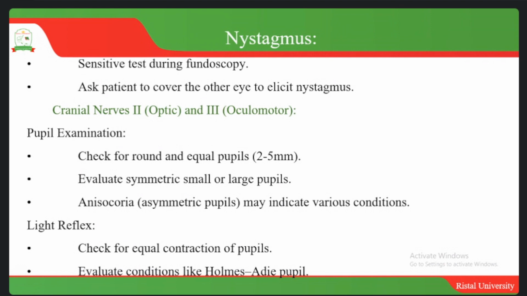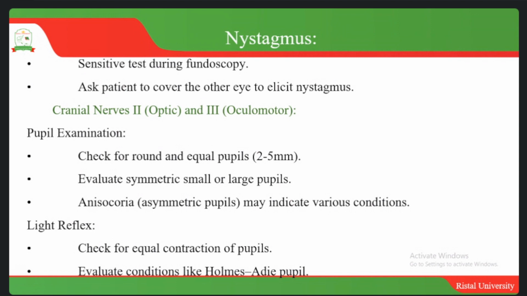You ask the patient to cover the other eye to elicit nystagmus. You'll realize that when the patient is covering one eye, the other eye is not able to concentrate on one side. It keeps shaking abnormally. This is a sign of a nystagmus condition in our patients.